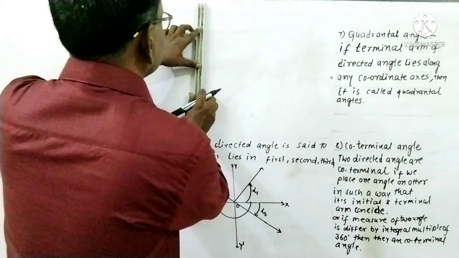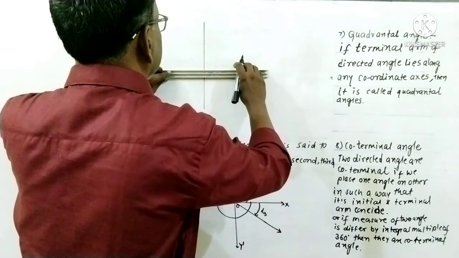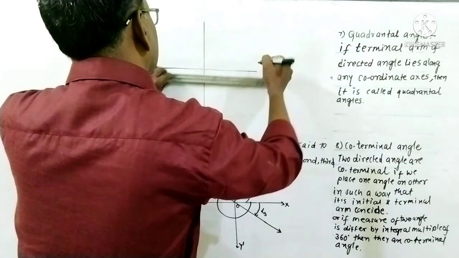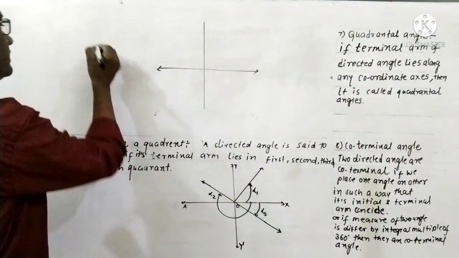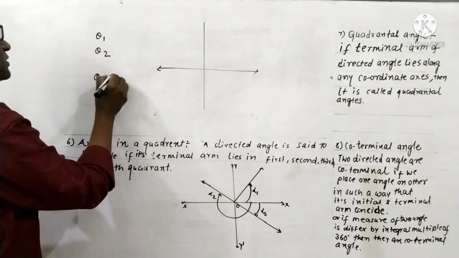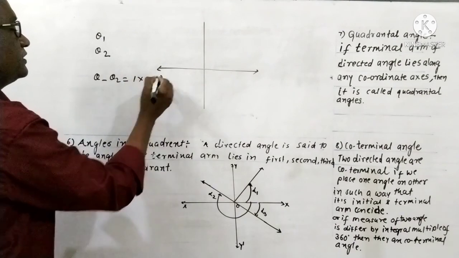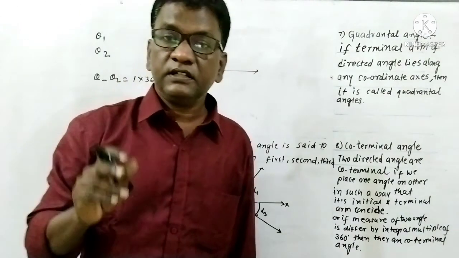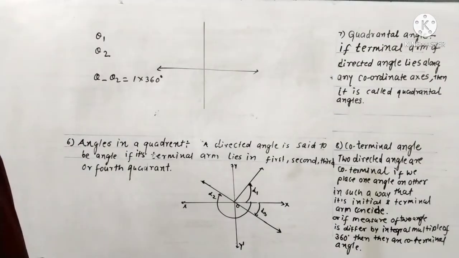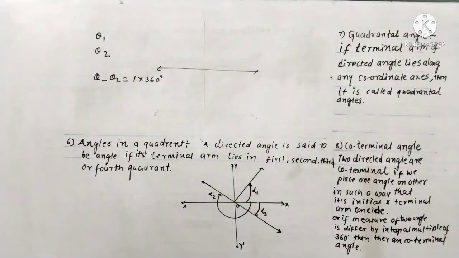See here, which type of angles are coterminal angles. If theta 1 and theta 2 are the angles, there is another definition. If the difference between these two angles is an integral multiple of 360, then we say that they are coterminal angles. Or the initial arm coincides with the initial arm, and the terminal arm coincides with the terminal arm.